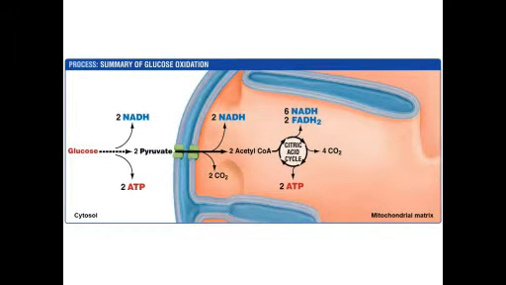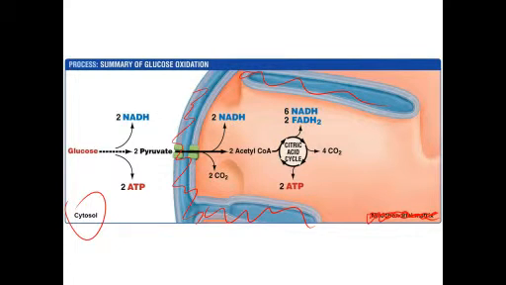So this is where we are. Now, ignore the mitochondrial matrix. This is still inside of the cytoplasm. Ignore this little membrane here. We're not in the mitochondria. We're still in the cytosol. This is walking you through the process. Glucose is converted to pyruvate.